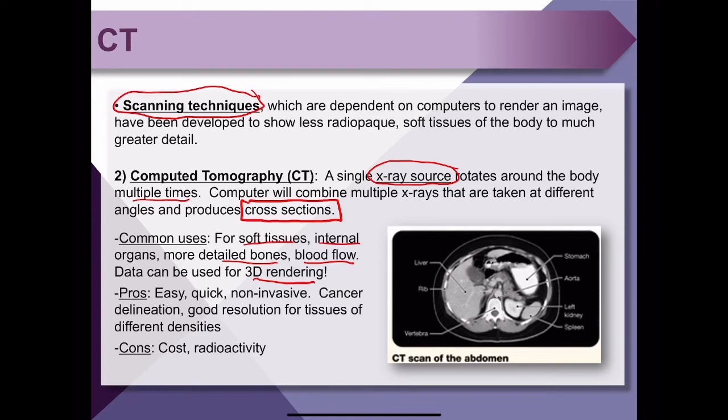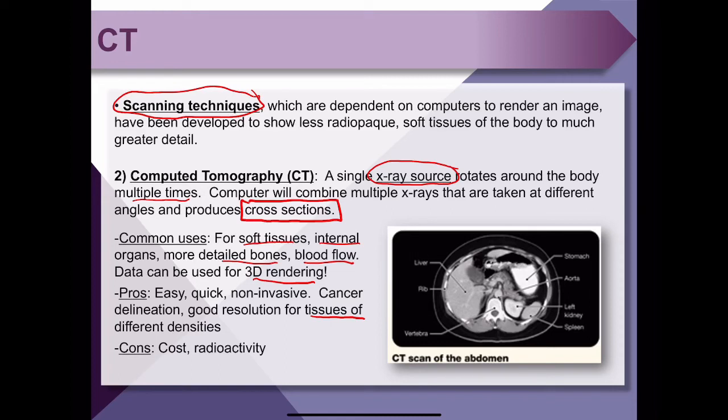The computer can take those multiple angles and make a three-dimensional image of the person. The pros are that it's easy, quick, non-invasive. You can actually see some cancer cells, and there is good resolution of tissues of different densities, softer and denser ones. We can see them all, most of them anyway.